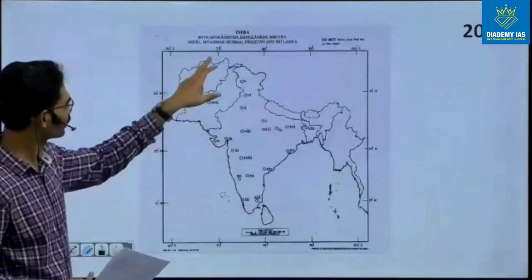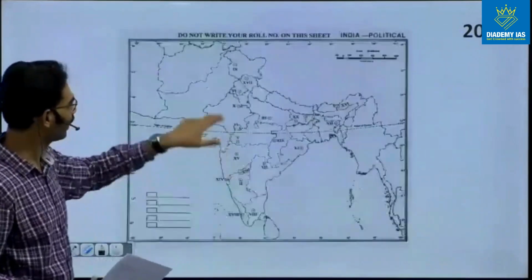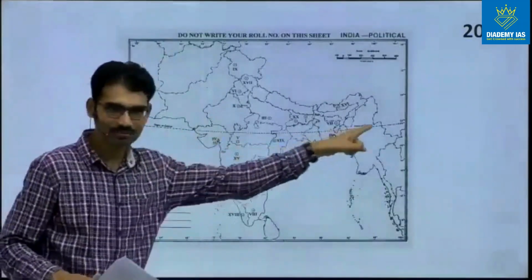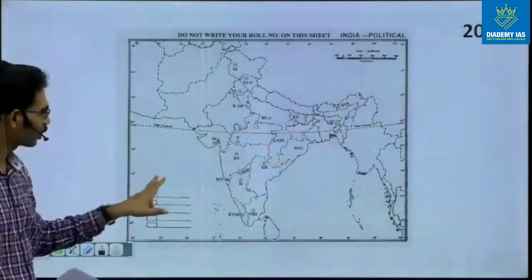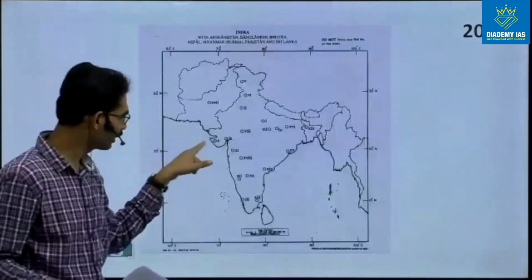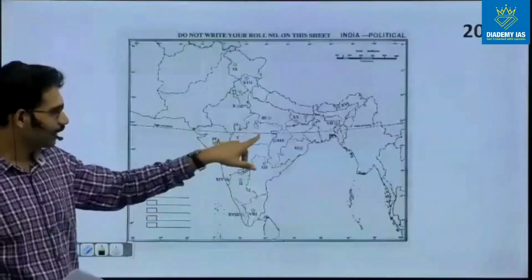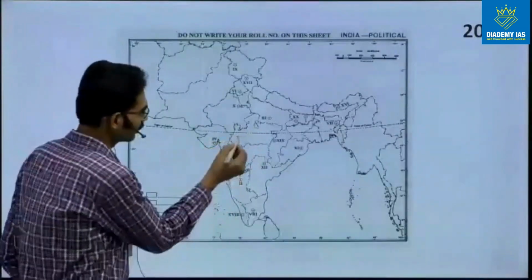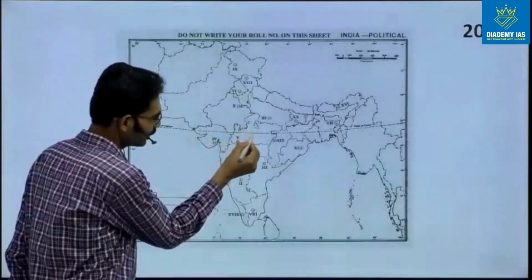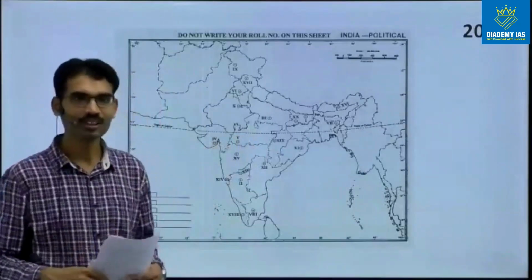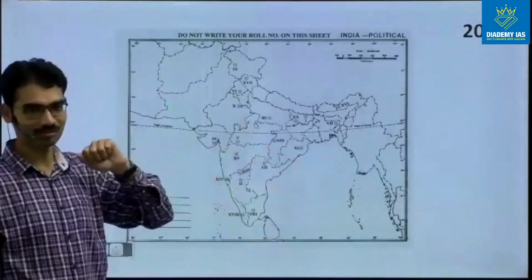So these parts are not there, and these parts are shown. Do you see the Tropic of Cancer here? The Tropic of Cancer is clearly given. Here it was not given, because some sites are just above the Tropic of Cancer, some sites are just below it. In that sense, UPSC is making it easy.